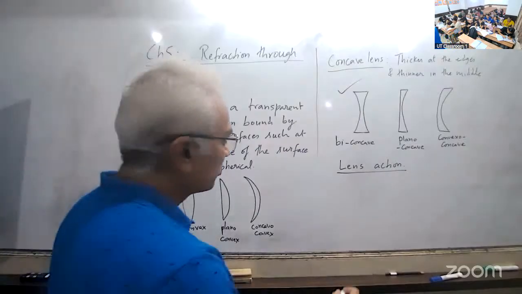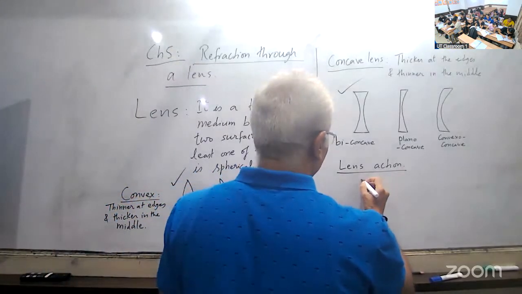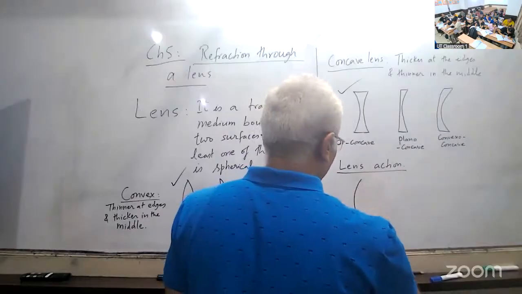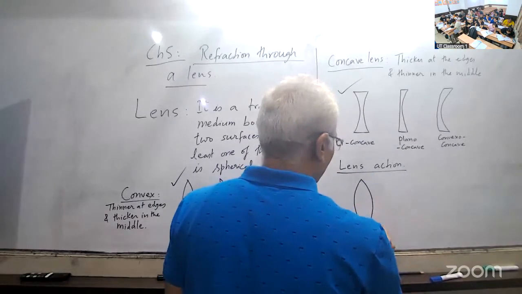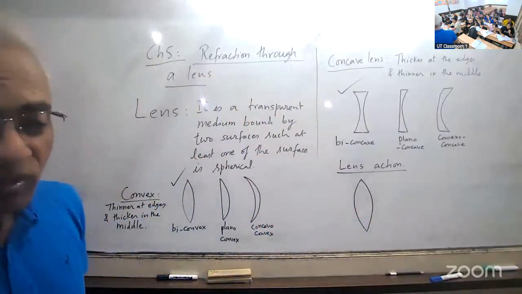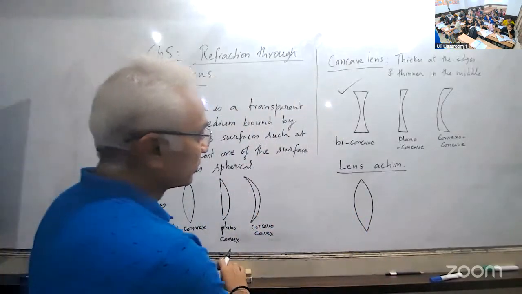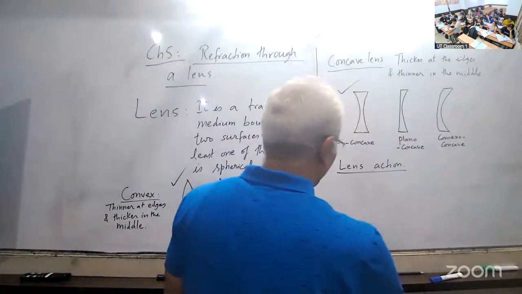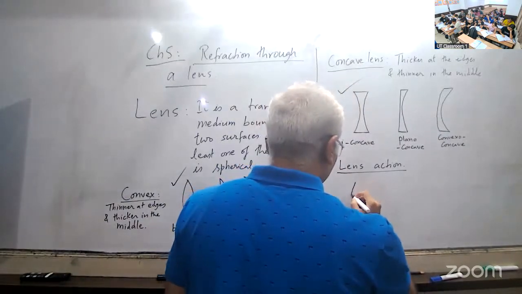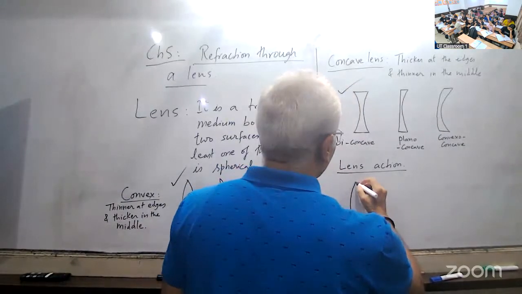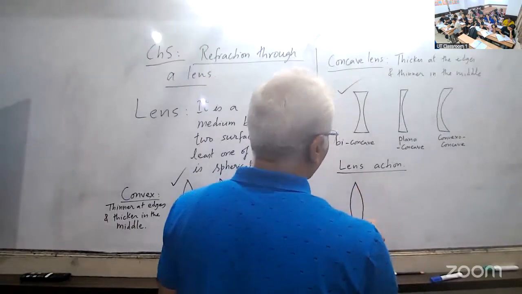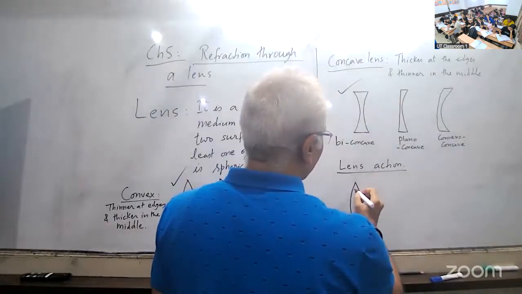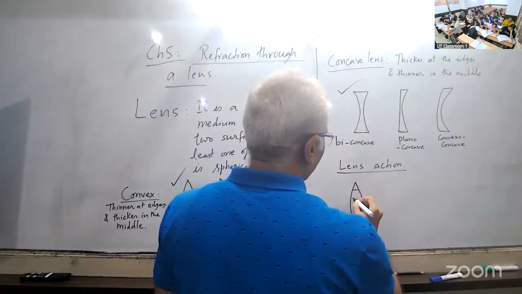If you pick up a convex lens and look at its geometry, you can divide it like this.